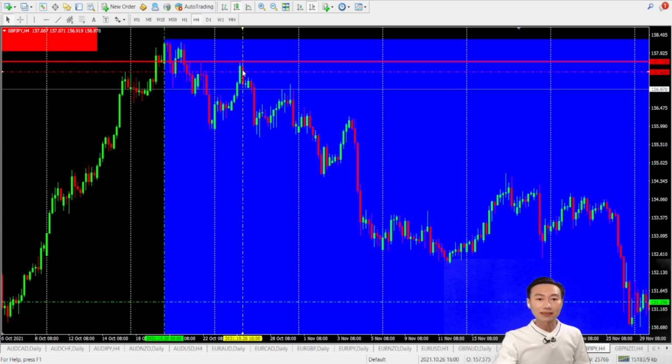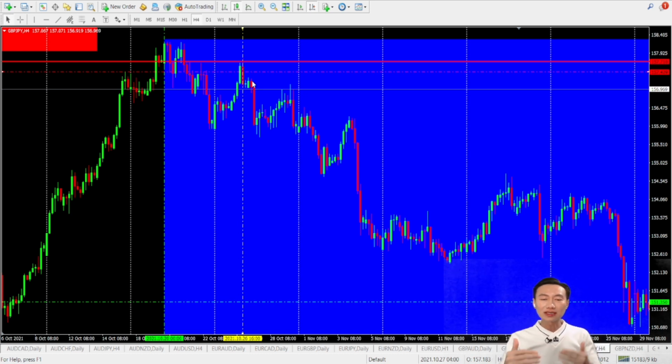When I see this tested in 1200 hours, once it has tested the resistance and it's not breaking, I'm going to wait for the next 4 hours, for the next H4 candle to open, and take a look whether it is breaking the resistance or not. If it's not breaking, that means the resistance is there.